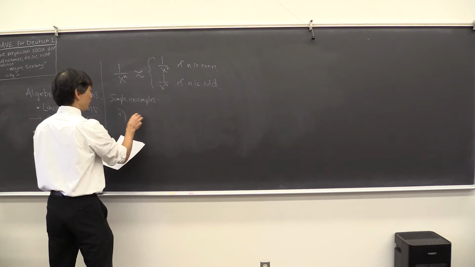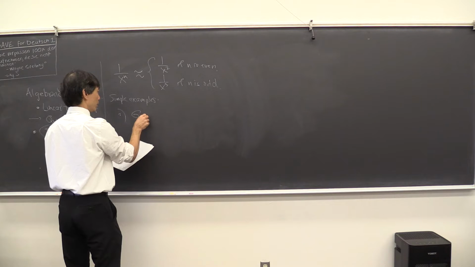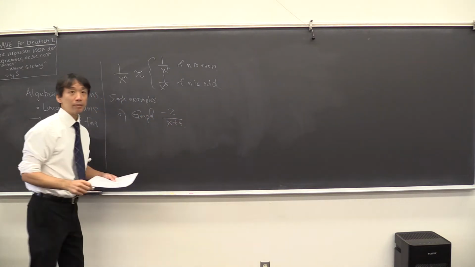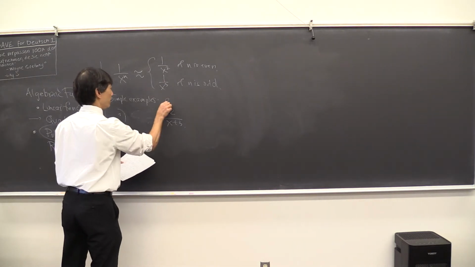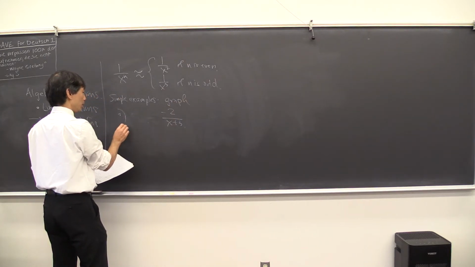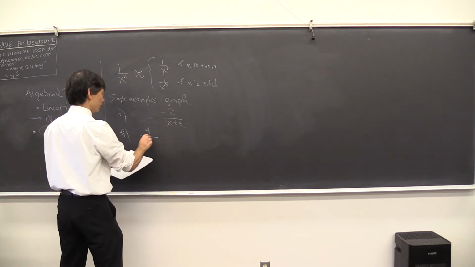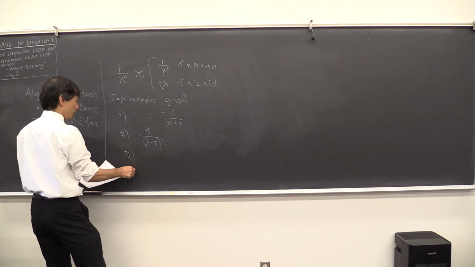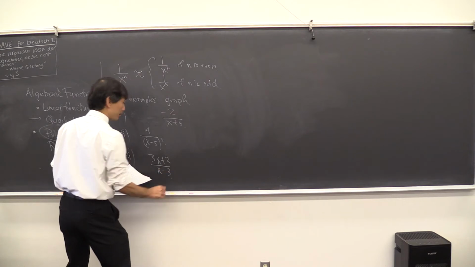So graph the following rational functions: -2 over x plus 3, 4 over x minus 5 cubed, and, more complicated, 3x plus 2 over x minus 3.